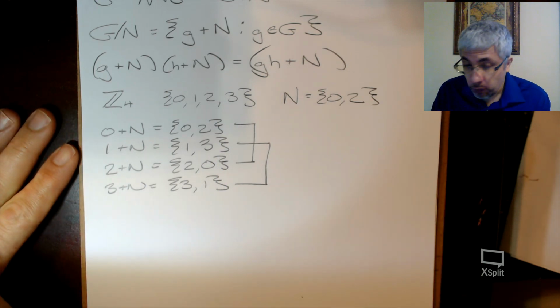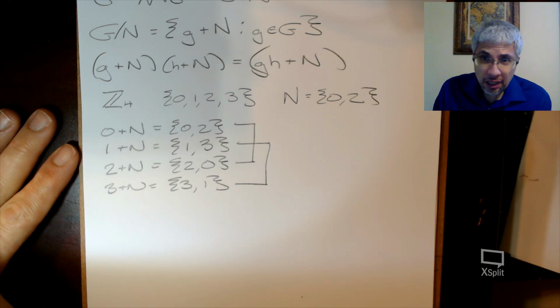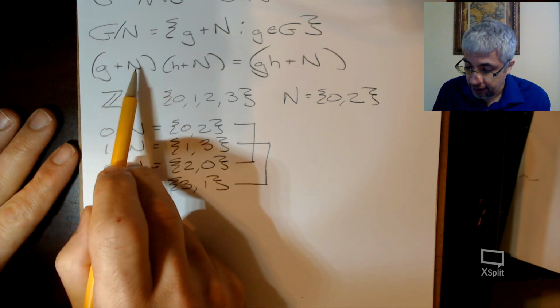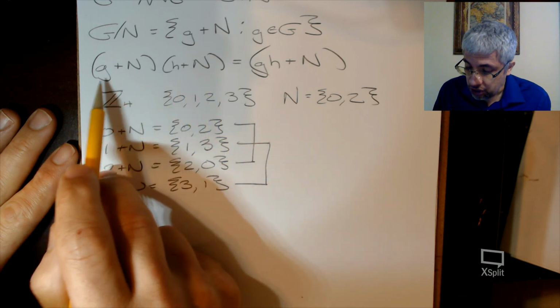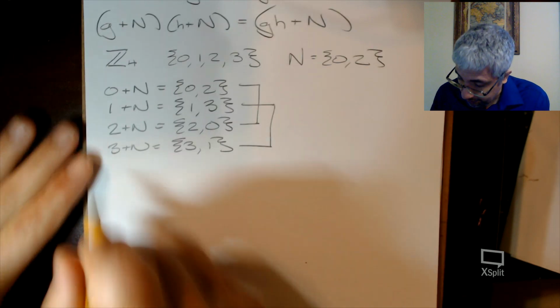And we want to be very careful that if we have equal things, we get the same output if we multiply in our group. For example, let's say I have (g plus N) times (h plus N) and (g plus N) times (j plus N).